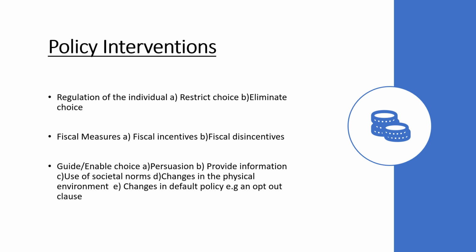So things like taking lifts out of a building, for instance, would encourage people to walk more, or taking soft drink vending machines out of the office, for instance, would hopefully stop people buying as many soft drinks in the office. And then there's also changes in the default policy, like some countries have an opt-out policy for organ transplants.